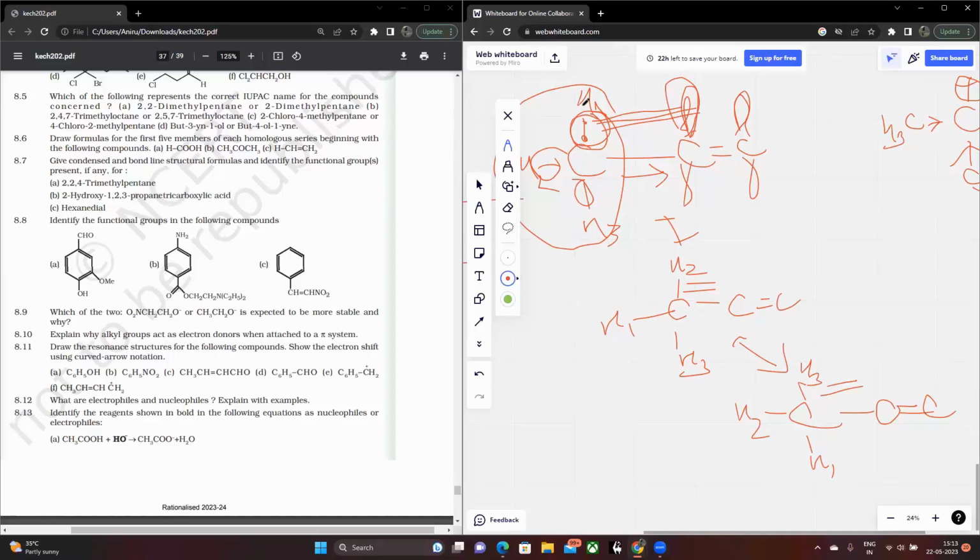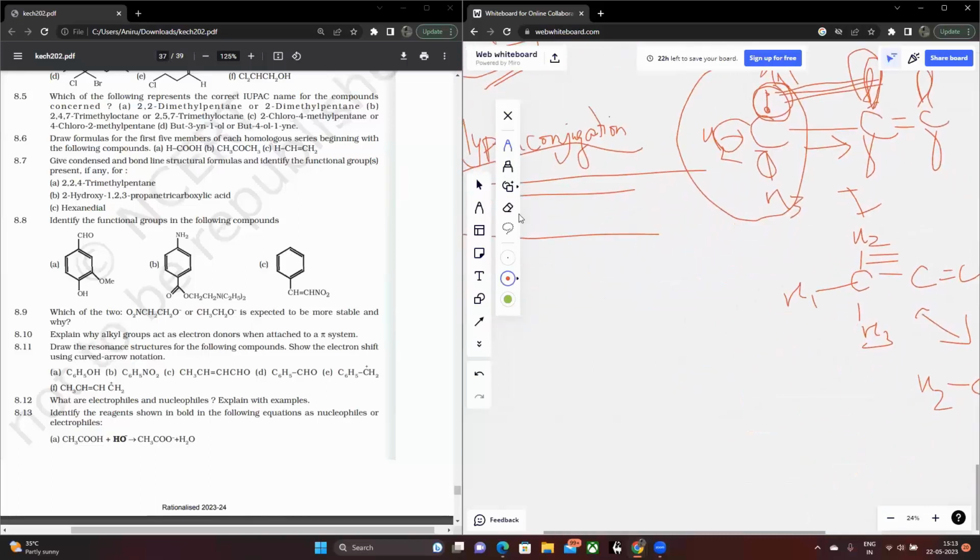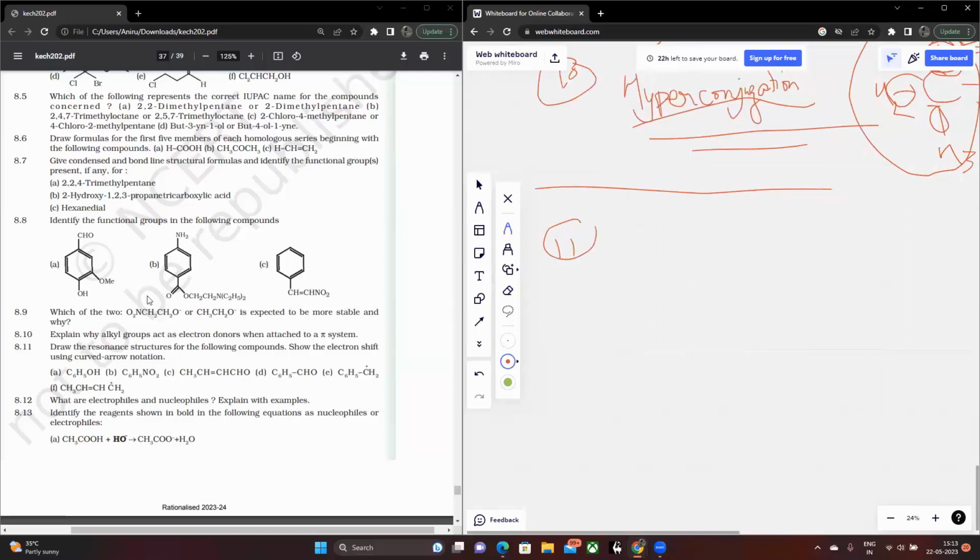So this carbon can rotate and each hydrogen can hyperconjugate. So this kind of structure has 3 hyperconjugated structures, one of this, and one of this, right? That is something you have to do. Very important in hyperconjugation.